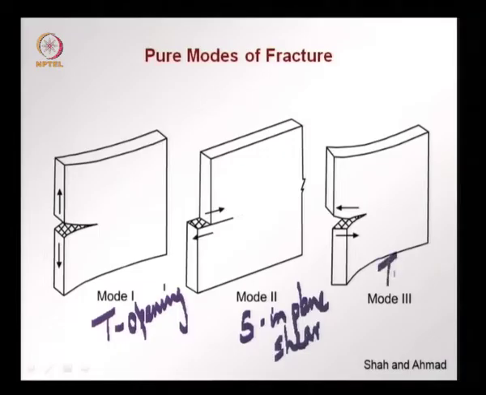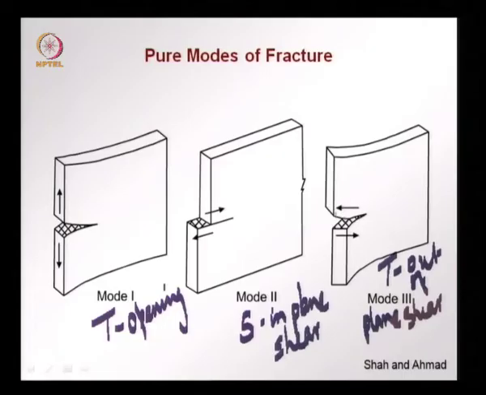Mode 3 is called the tearing mode. This is out of plane shear. Where you have something tearing, like when you tear a piece of paper, the material now twists and you have shearing occurring out of plane.